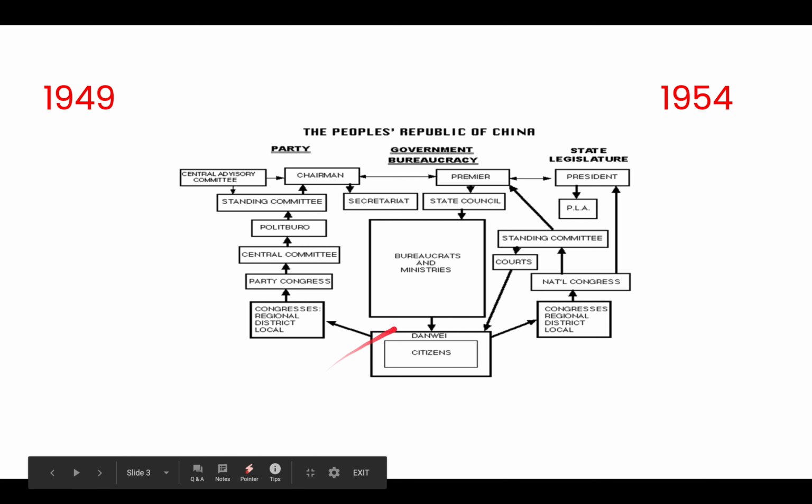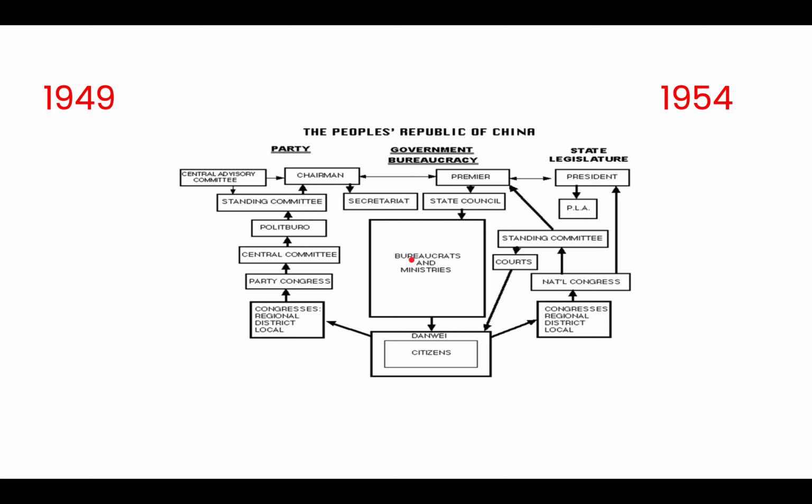But this created some fear in Mao. What he feared was that this creation of bureaucracy, having such a large number of bureaucrats, would slow down his revolution. So this fear was pretty pertinent in Mao.